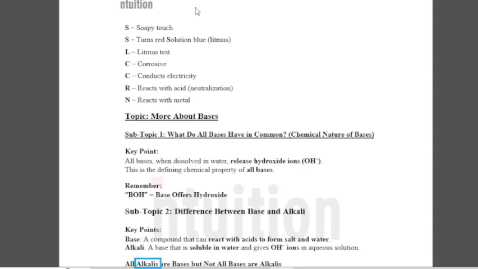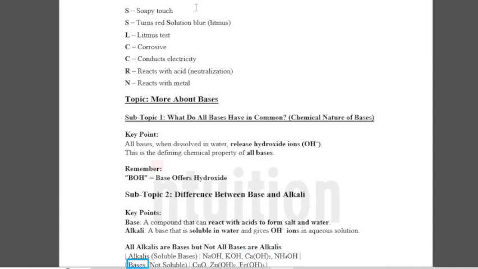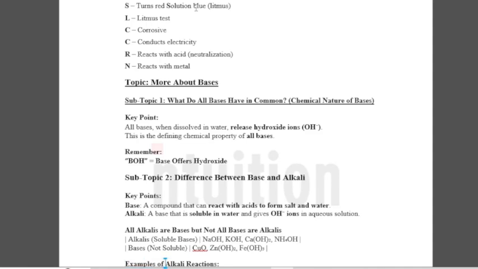All alkalis are bases, but not all bases are alkalis. Alkalis, soluble bases: NaOH, KOH, Ca(OH)2, NH4OH. Bases, not soluble: Cu(OH)2, Zn(OH)2, Fe(OH)3.